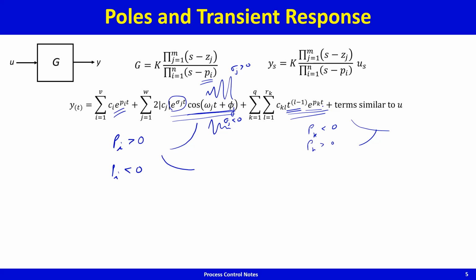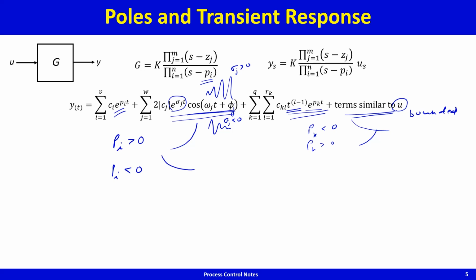All right. So now if u is, what shall we say, bounded, obviously these terms will always be bounded. And so what that means is the stability of the system is determined by the real part of the poles.